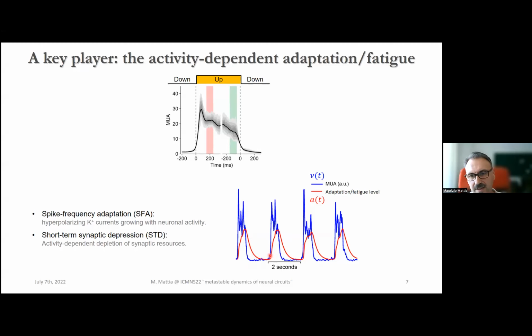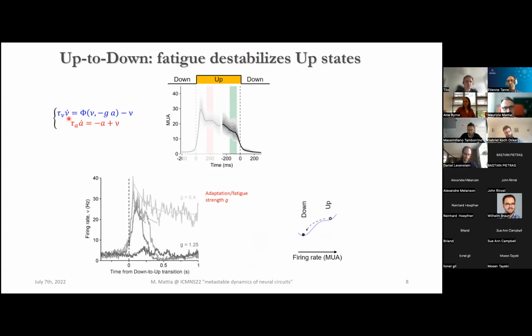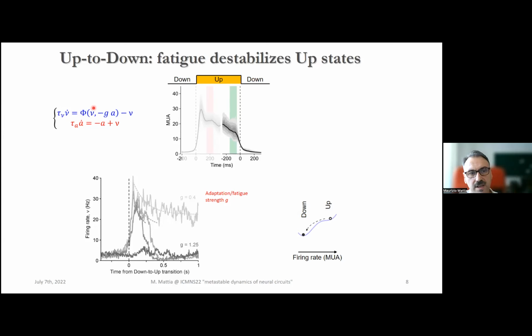This red state variable is associated to the phenomenon of spike frequency adaptation. And this level of fatigue in the end, under mean field approximation, can be very well described as an inhibitory feedback. Let's say that this is a very rough representation of the dynamics of the firing rate of this pool of neurons I'm investigating. This is the input-output gain function, let's say the Siegert-Ricciardi gain function, which depends on the input currents.